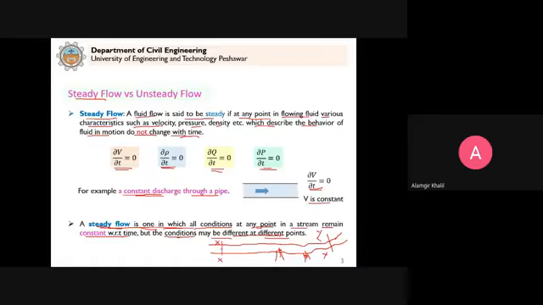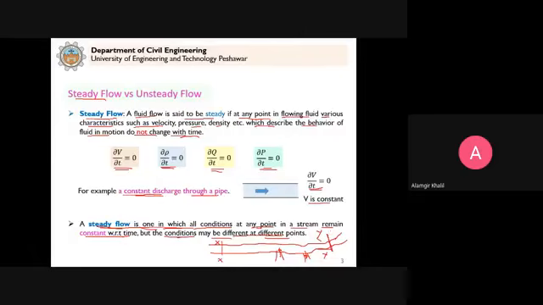So if at one section the flow characteristics are not changing with respect to time, it is steady flow. Here the discharge may be different than this one due to inflow or outflow from the side channels. But again, if it is not changing with respect to time, we will say that it is a steady flow.